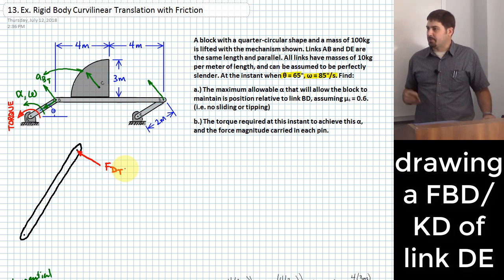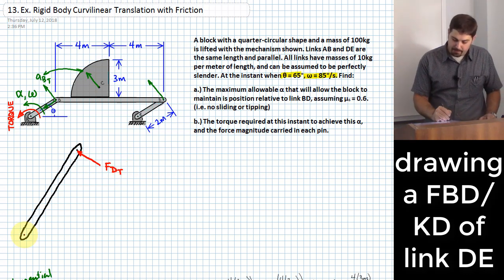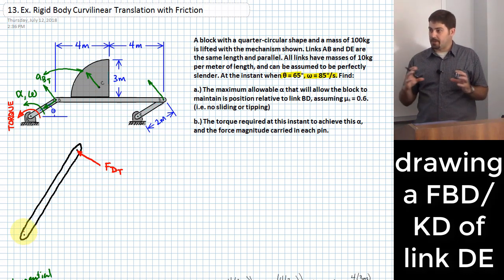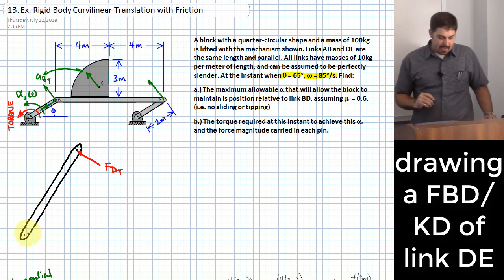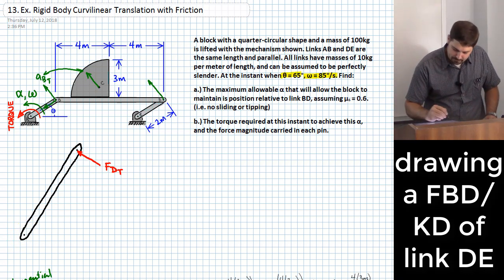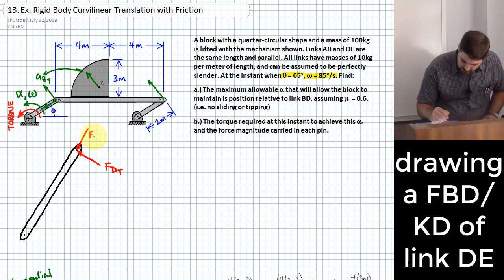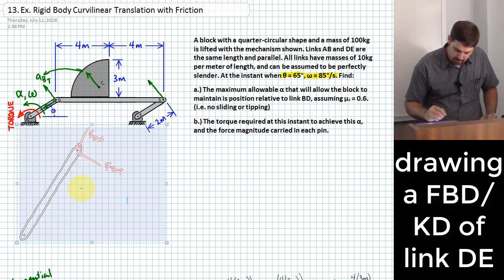Yeah, tangential, right? Because it's moving. We know that the point down here at the bottom has no velocity or acceleration, because that point is fixed in a bearing. So I have that, and what else do I have acting on point D? I also have what I could call FDN, for instance.